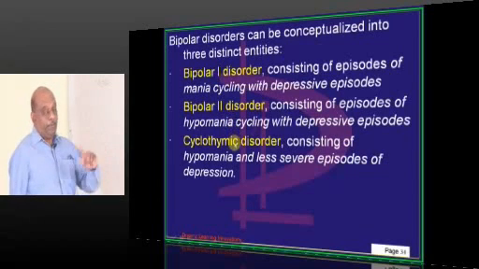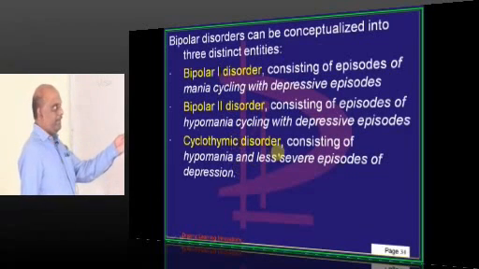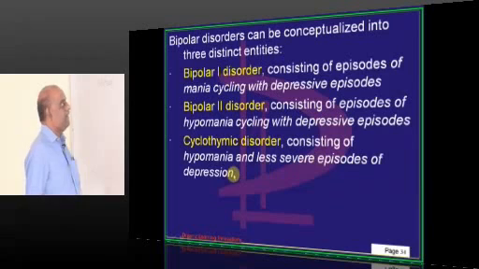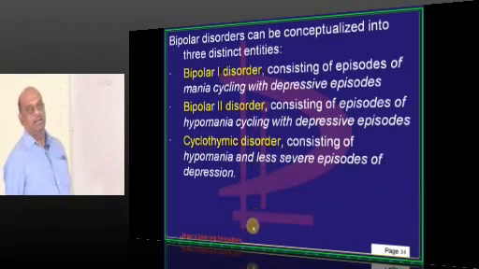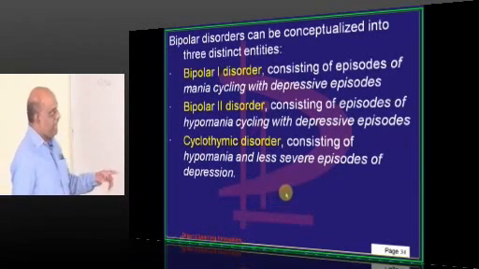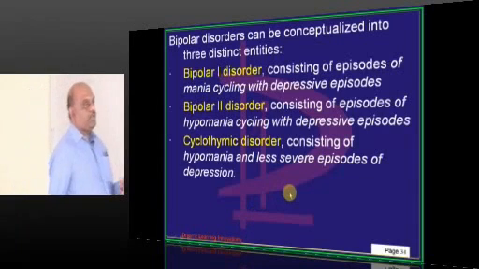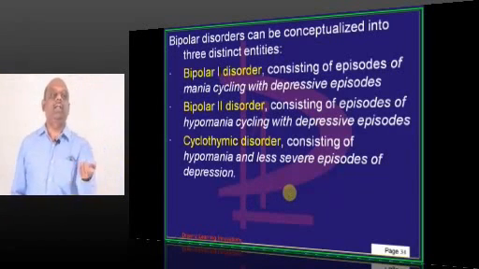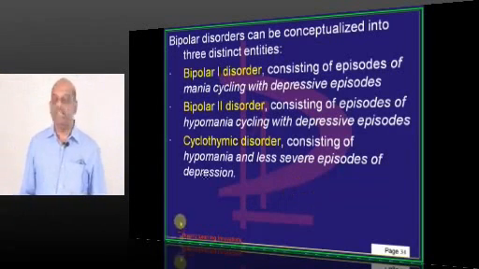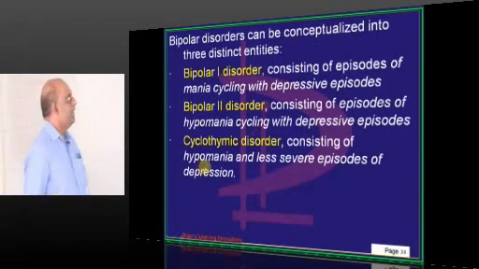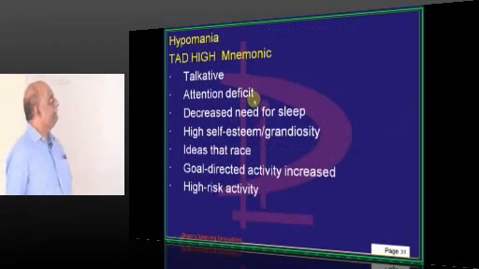Bipolar 2 means hypomania cycling with depressive episodes. And what is cyclothymia? Hypomania cycling with episodes which are lesser than what would be called depression. That is the typical definition frequently asked in exams.